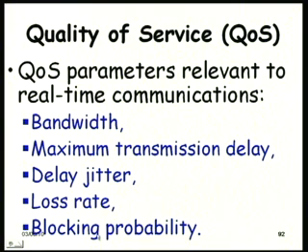Then your call will block, and if it blocks too often, then your application will suffer, right. For some applications, the blocking probability may be almost 0. Some applications tolerate no blocking probability, some other applications might tolerate some amount of blocking probability.